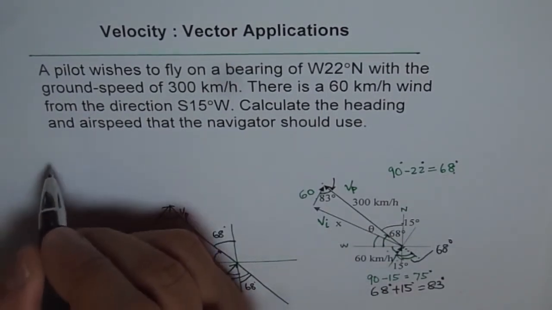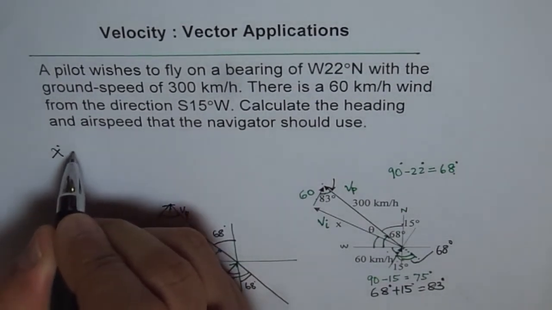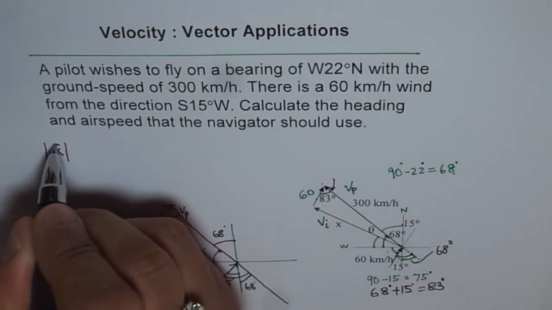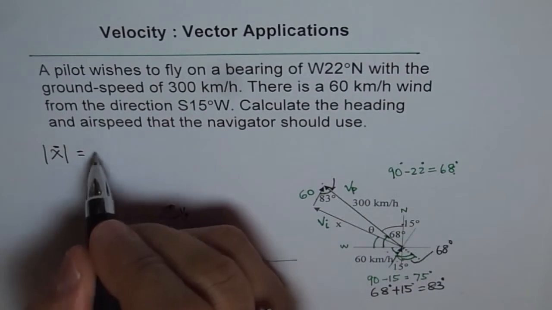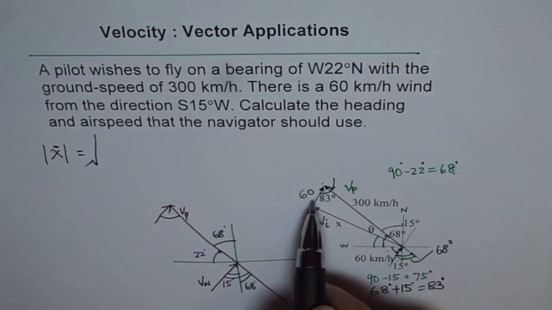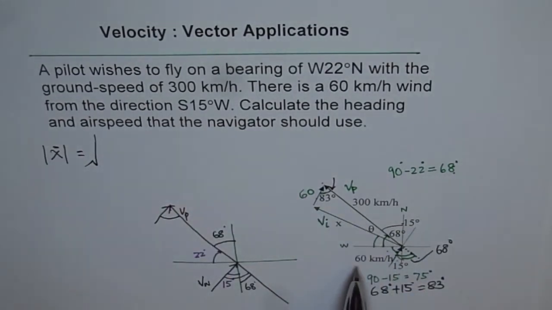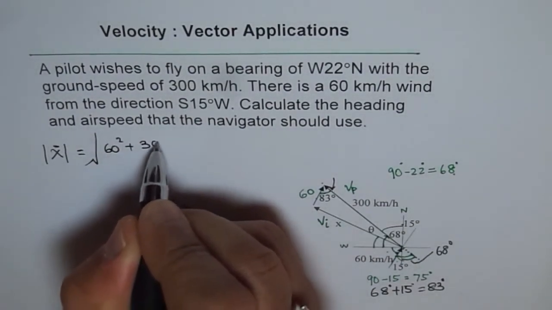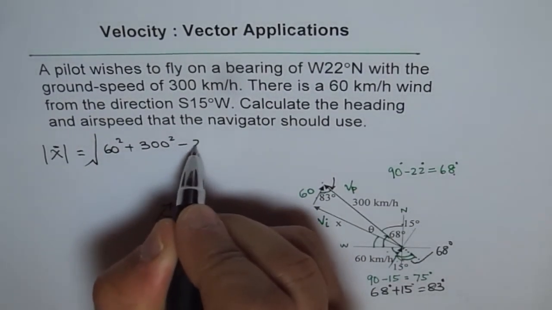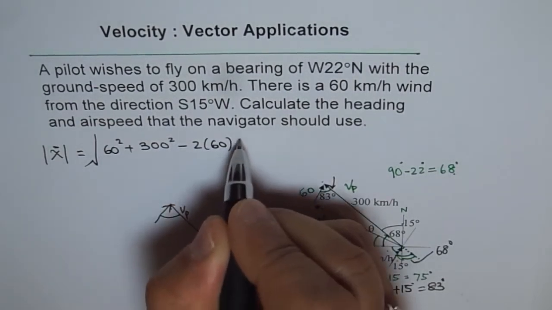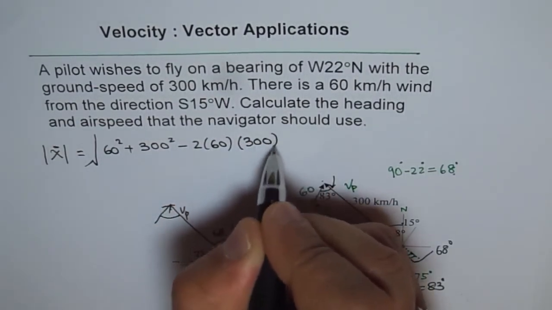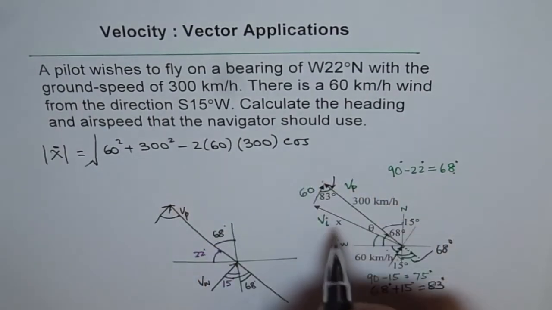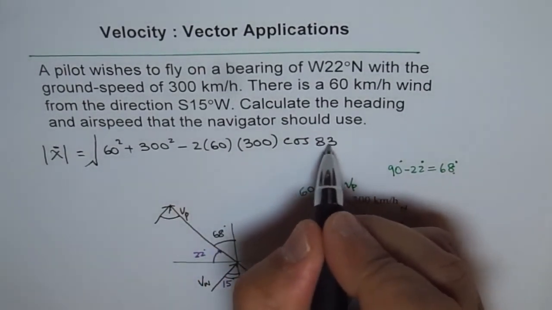So x is equal to the magnitude, square root of the squares of these two, right? So it is 60 and 300 squared, minus 2 times 60 times 300 times cos of the angle in between, which is 83 degrees.